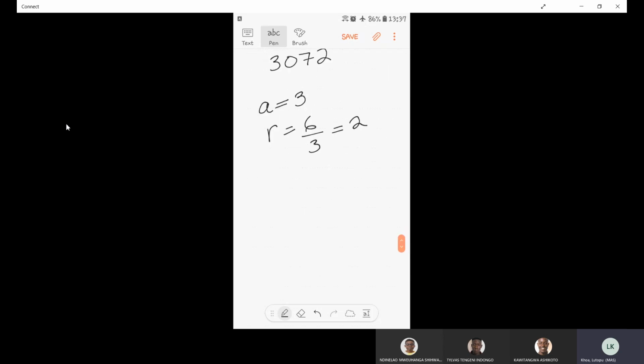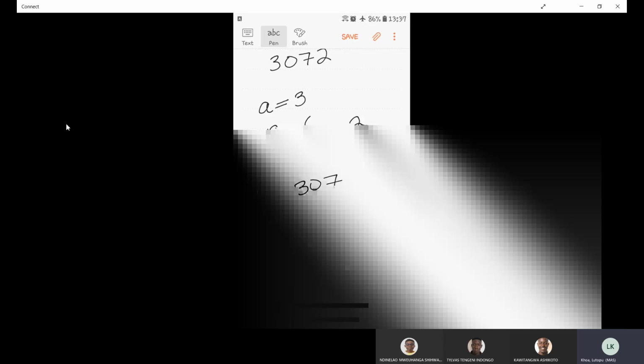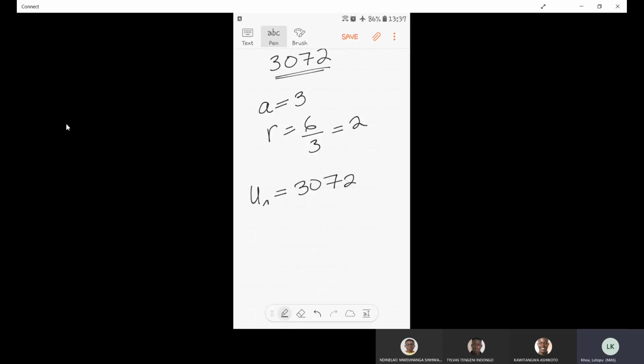Okay, so now I know what A is, I know what R is. I just need to work out the value of n. So I'm looking for the value of n such that this nth term is equal to 3072, which is the term at which I stop over there.